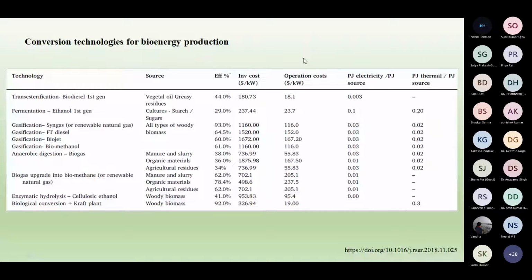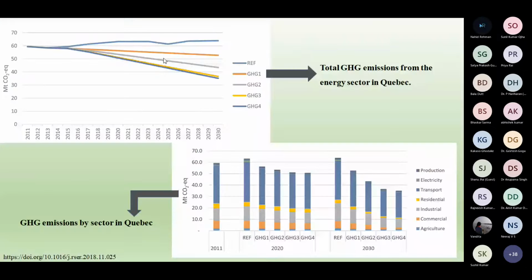And they have seen that GHG is decreasing across the years. From 2011 to 2030, it is presumed that it is going to decrease slowly, slowly, slowly. And that makes a great impact for environment protection and its sustainability.